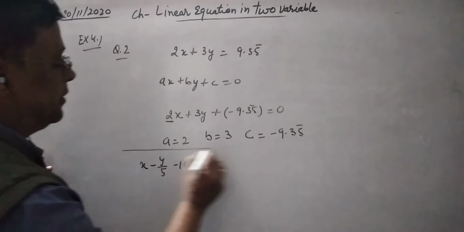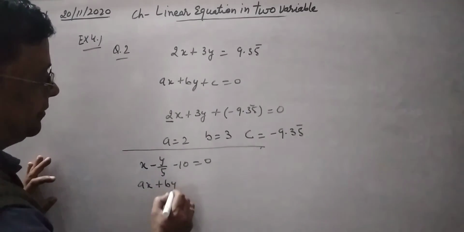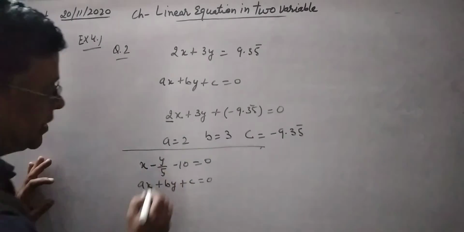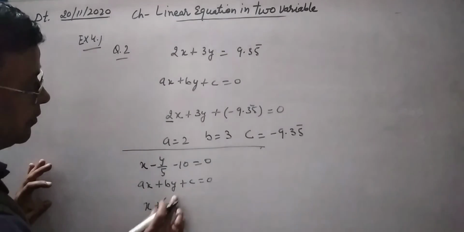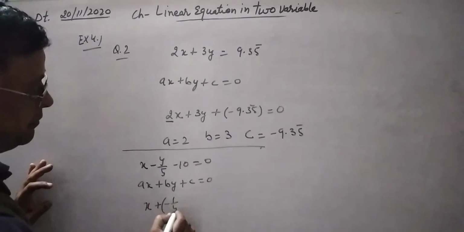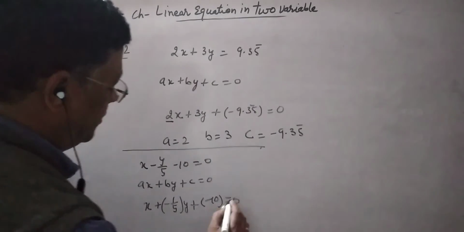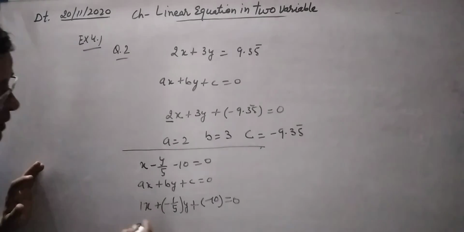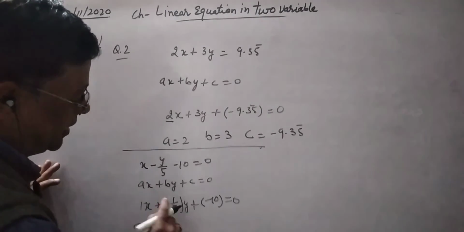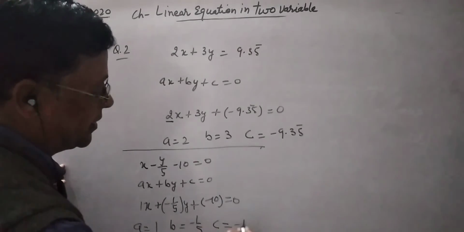This equation is already in the form ax plus by plus c equals 0. If I write it as x plus minus 1 upon 5 y plus minus 10 equals 0, then the value of a is, there is no number here, that means 1. So a is 1, b is minus 1 by 5 and c is minus 10.